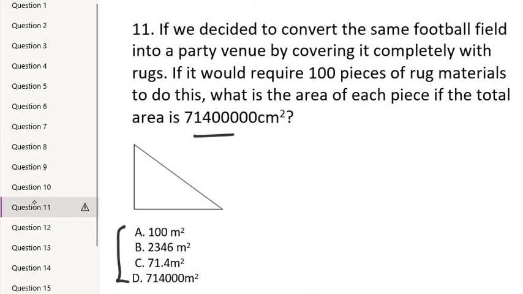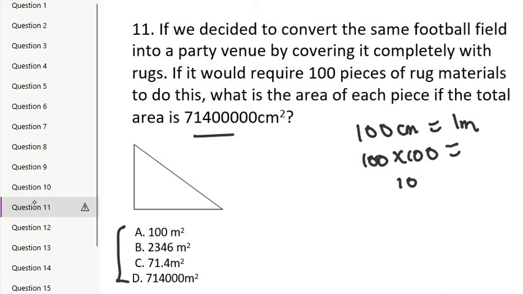The unit is meter square. So if 100 centimeters make 1 meter, to convert cm squared to meter square, it is 100 times 100, so 10,000 cm squared will give me 1 meter square.